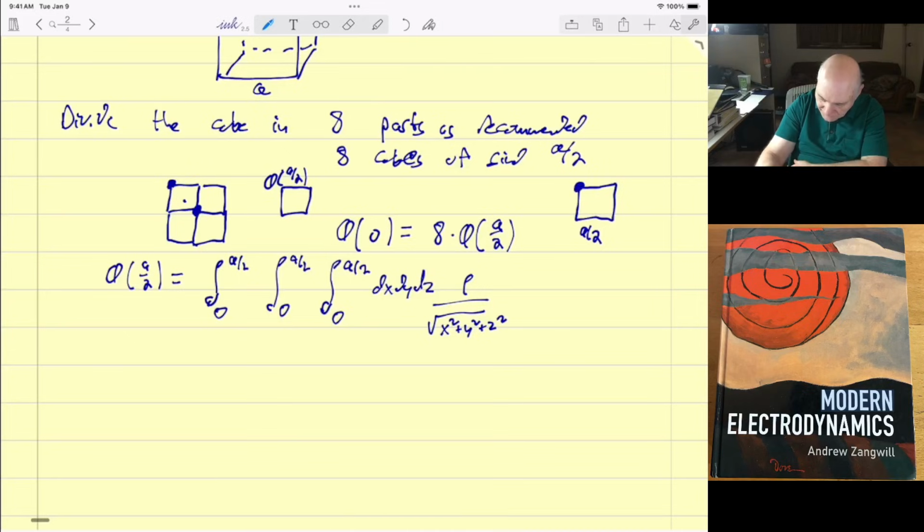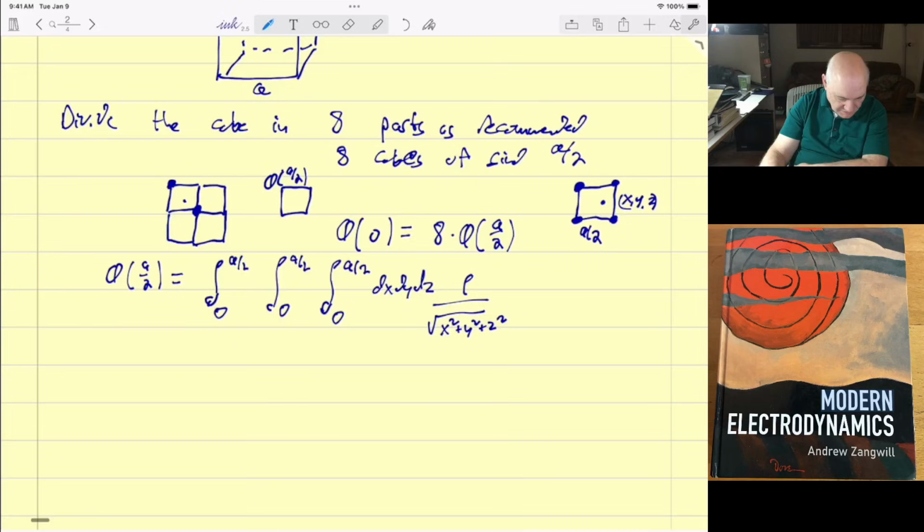I just integrate from 0 to a over 2 in all three dimensions. I take a point here, which has coordinates x, y, z, and I just take the charge density, which is uniform, divided by the distance, and that will give me the potential there, which is equal to the potential here. The potential at the cube is all the same. It's the same calculation. So that's how we get that.